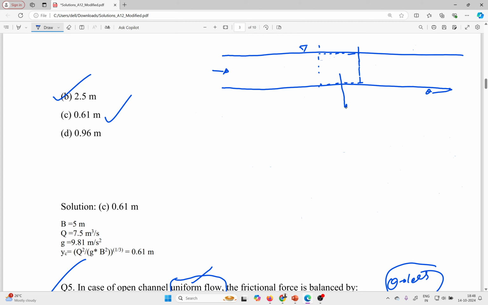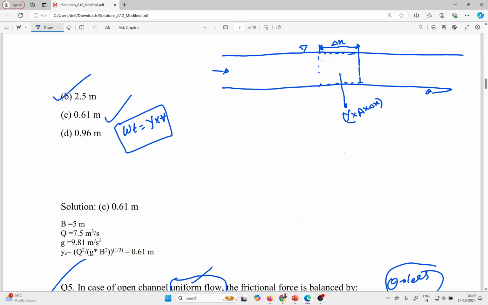How will you calculate it? Weight is nothing but unit weight times the volume of the control volume. If I consider the length of this control volume as delta x, or you can write L also, then the weight is gamma times cross sectional area times delta x.